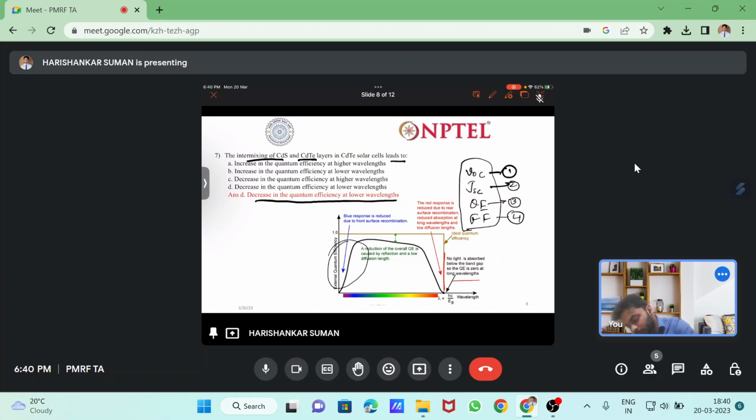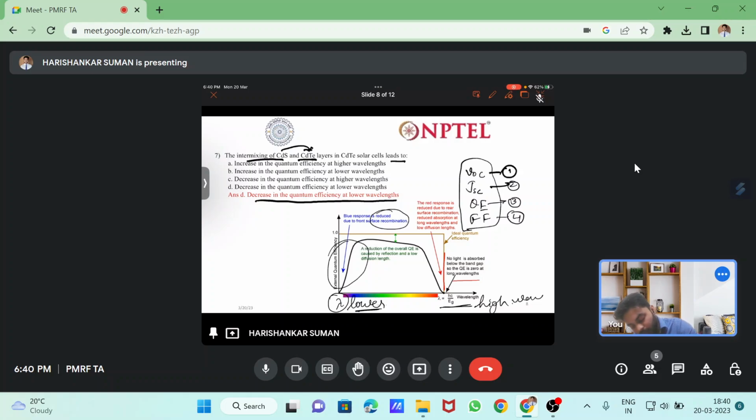This intermixing reduces the surface losses and improves the surface quality. So that's why there is a decrement in quantum efficiency at lower wavelength. This is the lower wavelength side, and this is the higher, as compared to this side.